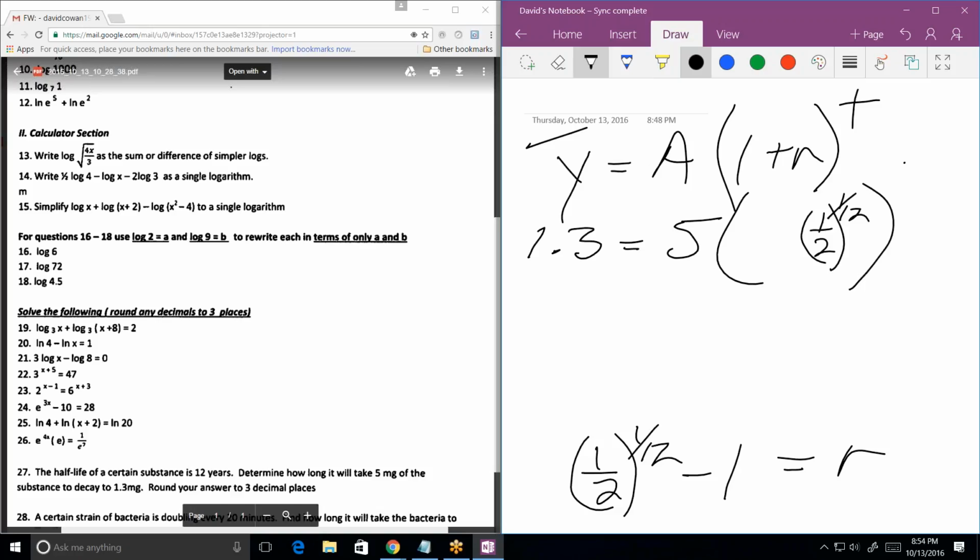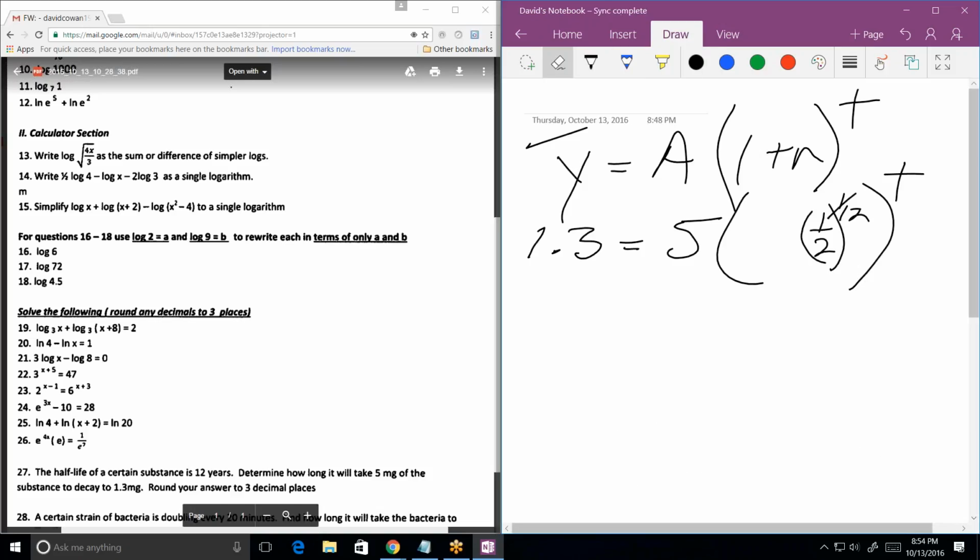To the t power. Notice there's only one variable there. How do I solve that? You'd put it to a log.